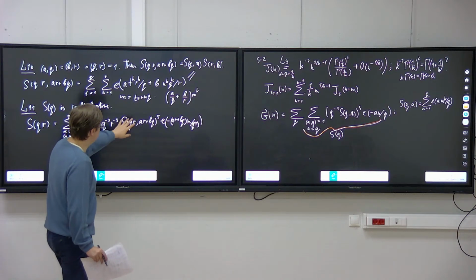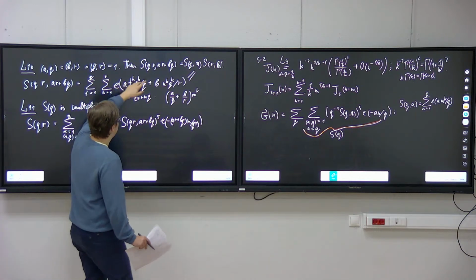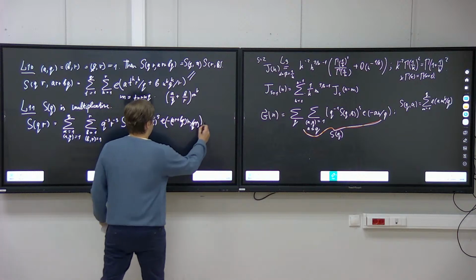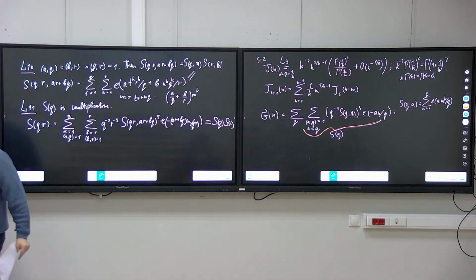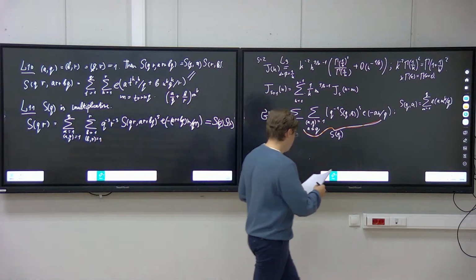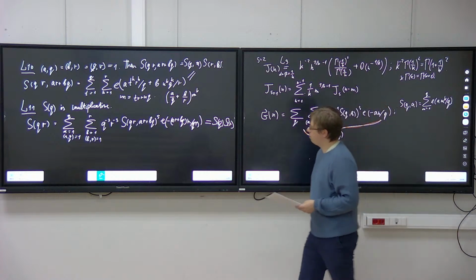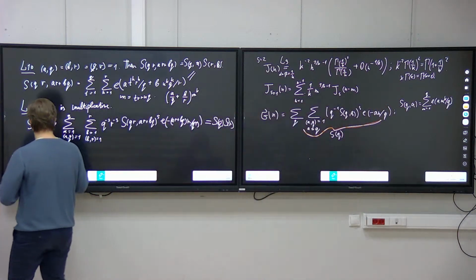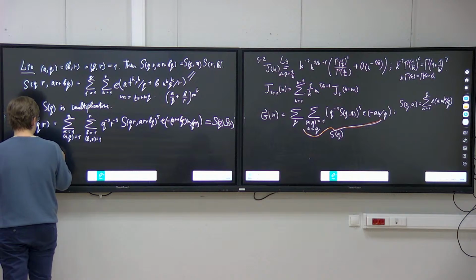And now we just apply our multiplicativity, with this product, and we get that this is S of Q, S of R. Also, S of Q is real.